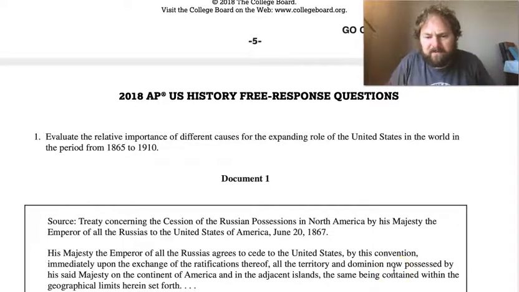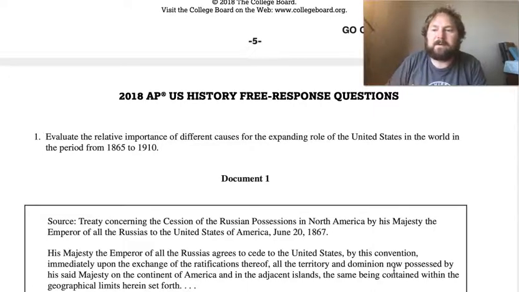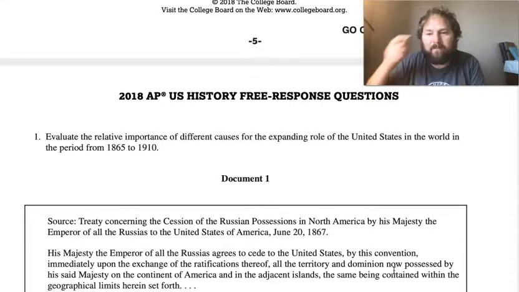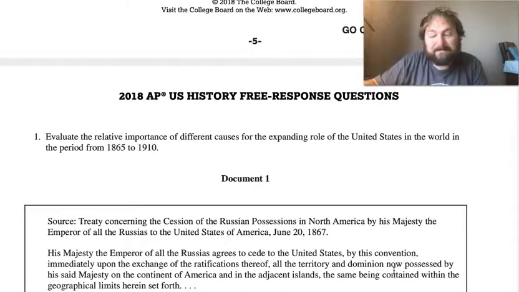Either way, it's fine. But I would literally have a piece of paper by me where you are jotting those things down, so that you can go back and look, and say, oh yeah, I need to talk about, if you had the brain power to think of Emilio Aguinaldo, right?